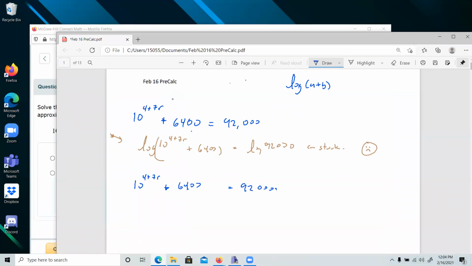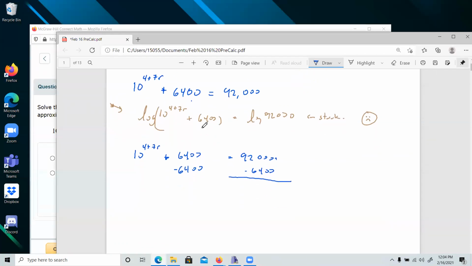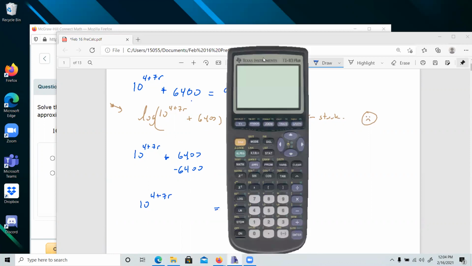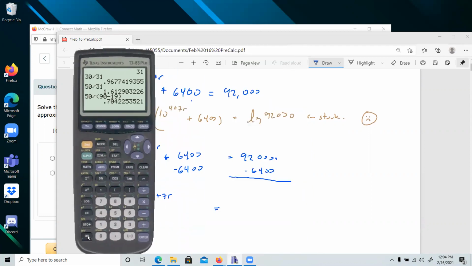And what we're going to do here is subtract the 6,400 from both sides first, because then we'll have our 10 to the 4 plus 7r by itself. And then over here we're going to have 92,000 minus 6,400.